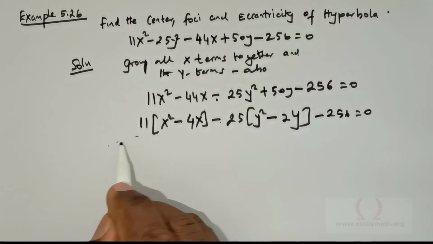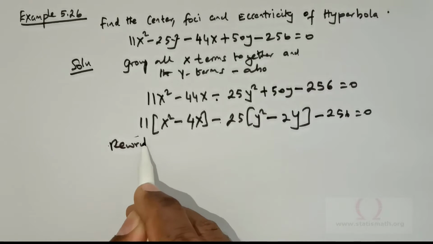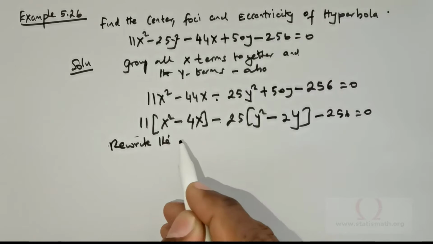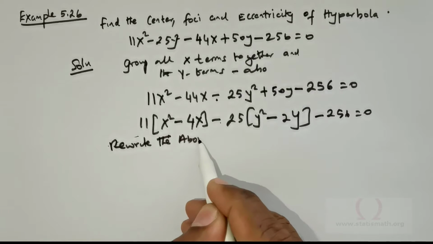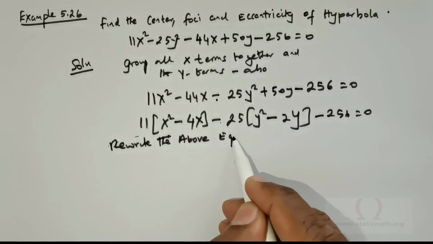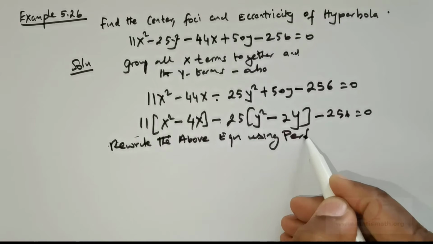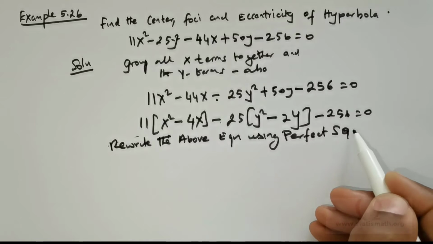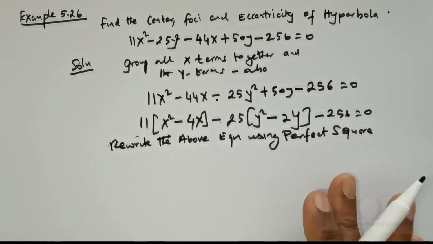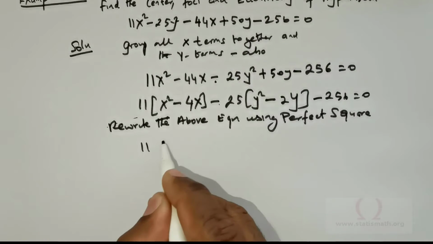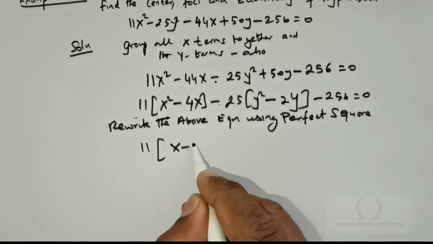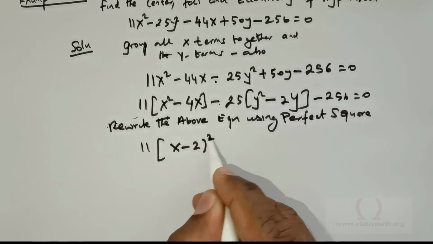Now we are going to rewrite the above equation using perfect squares. Now this can be rewritten as x negative 2 raised to the power 2.